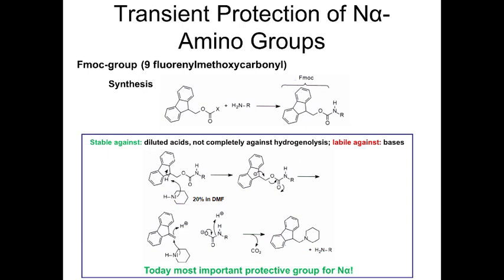In this case, now a double bond is formed at the 9 position, and the carbamate structure is obtained at the amine.